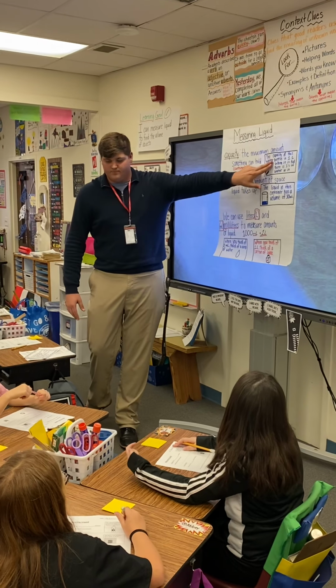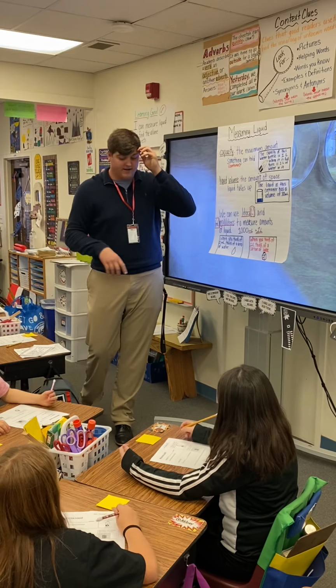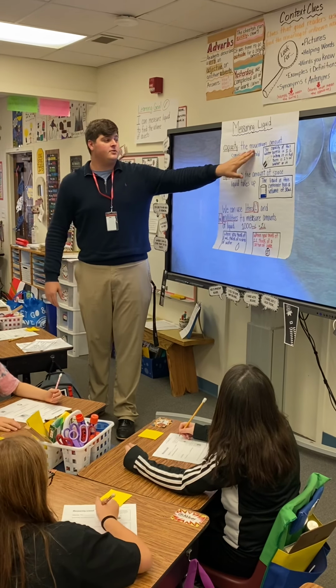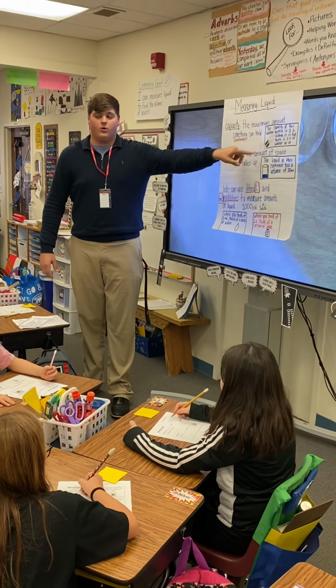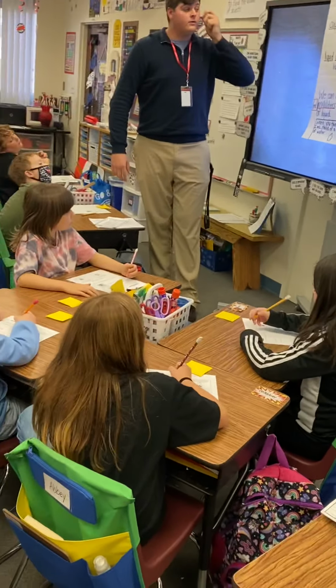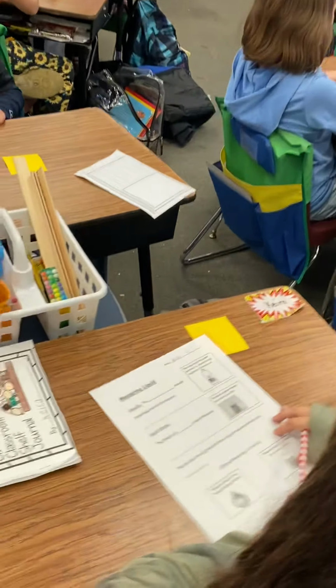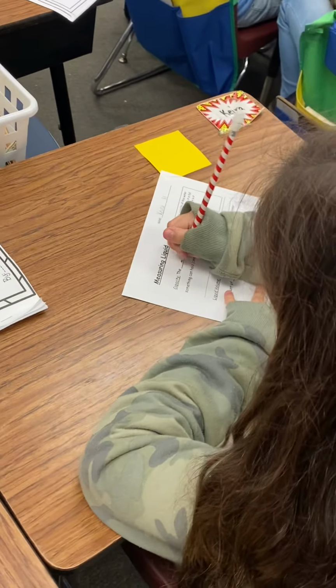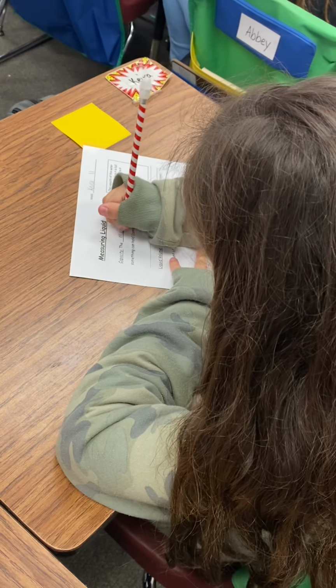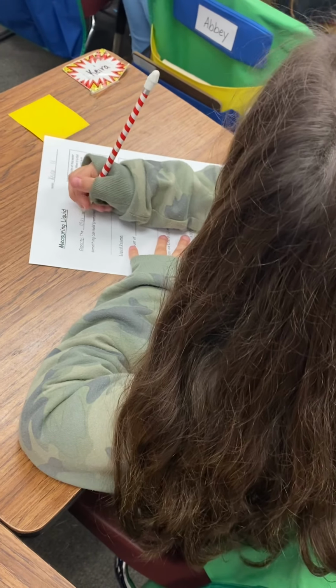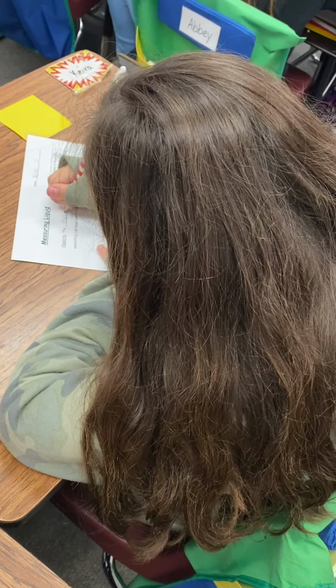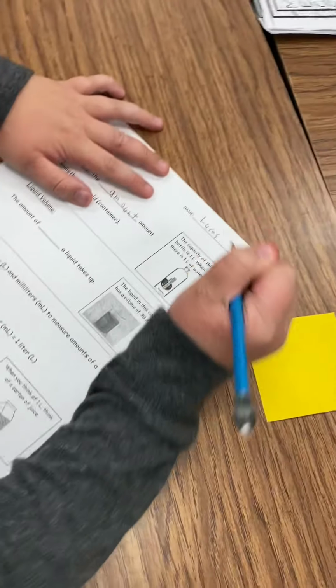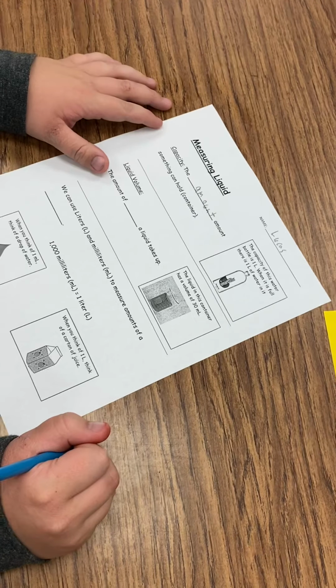So you guys should be following along as we talk about it. So the capacity is the maximum amount something can hold. So in a box over there, yours is set up exactly like the anchor chart.